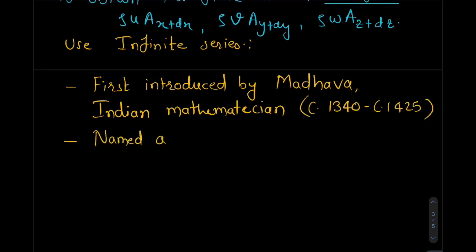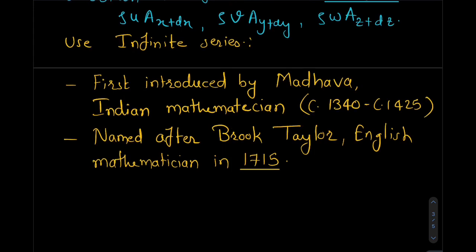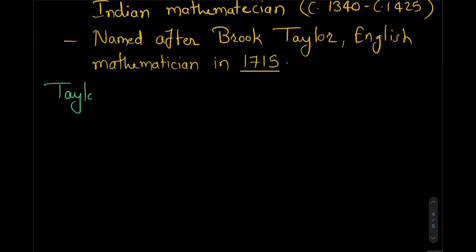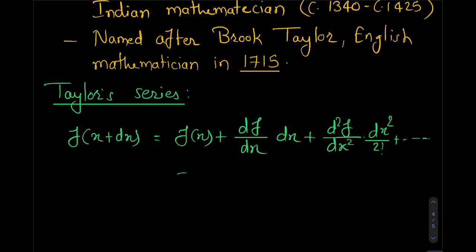Though it is named after Brook Taylor, an English mathematician, in the year 1715, we call this series Taylor's series. It states that any function at x plus an incremental length dx is equal to f of x plus df/dx into dx plus the second derivative of the function with respect to x into dx squared by 2 factorial, plus it goes till infinity.